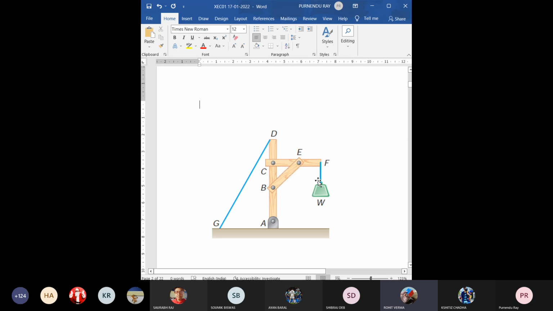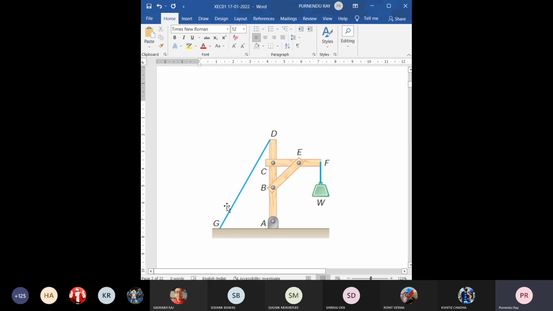Yes, sir. So this weight is supported by this system of connected members. Out of that, AD, CF and BE are metallic rods or wooden bars, and GD may be a flexible metallic rope or string.